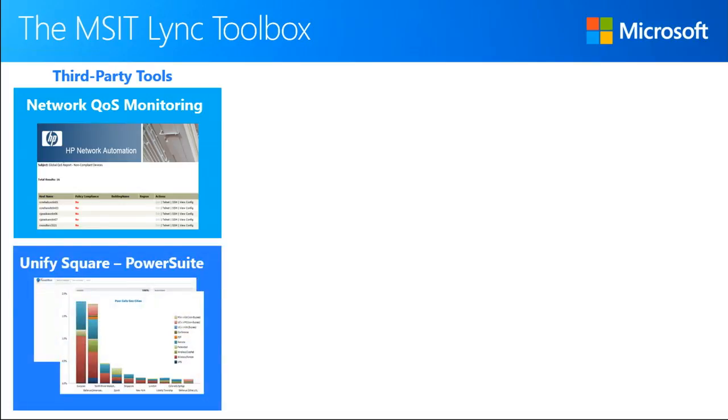So the other one that we did and we brought in as a third-party tool is actually the Power Suite from Unify Square. And the reason we actually did this was the PowerMon tool gave us the ability to do real-time monitoring on our Lync environment. And this gave us the ability to identify any of our gateways that were down, anything that was down from our conferencing.